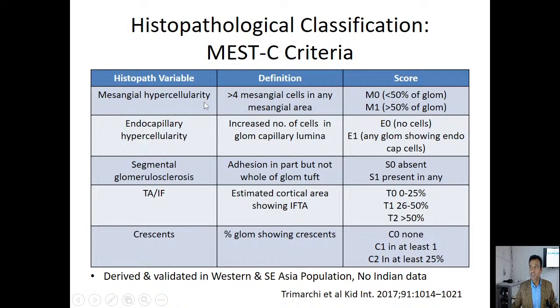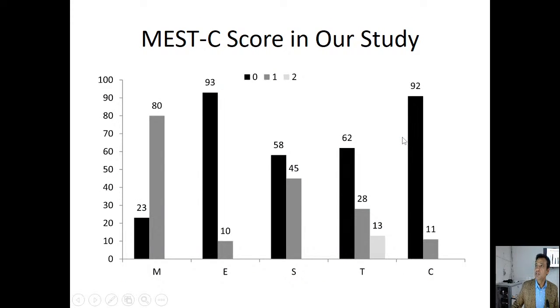It basically looks at mesangial hypercellularity, endocapillary hypercellularity, segmental glomerulosclerosis, markers of chronicity, that is tubular atrophy and interstitial fibrosis, and crescent formation. They are appropriately marked according to their presence or absence.